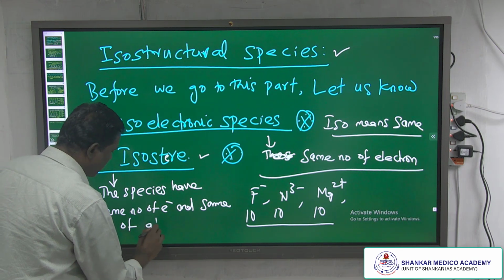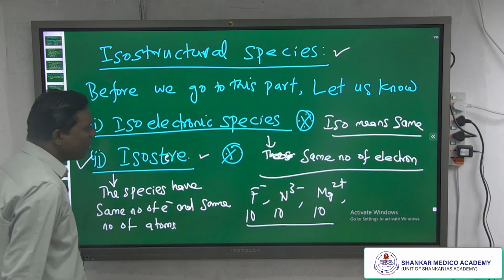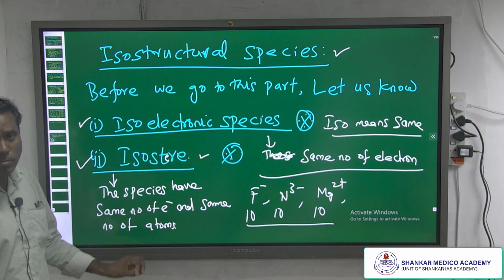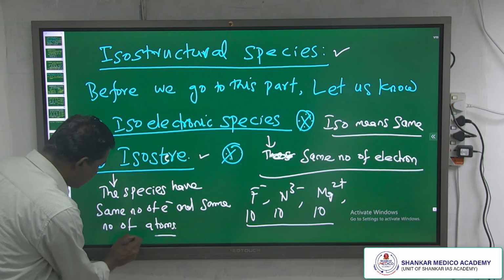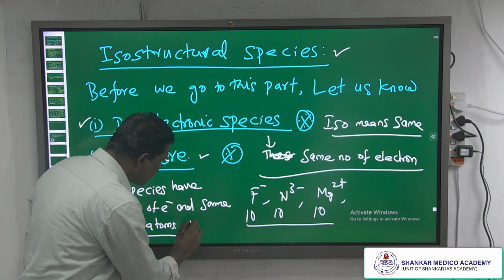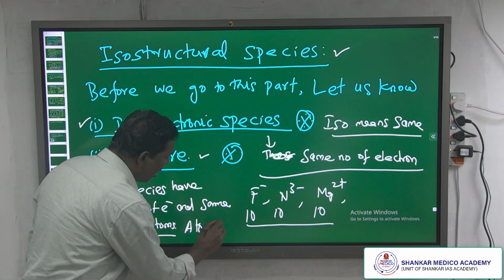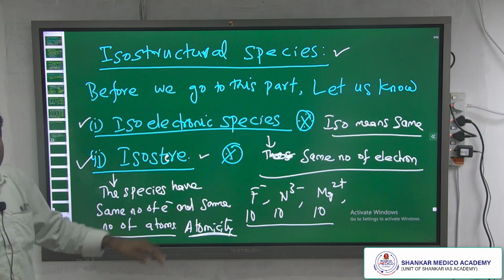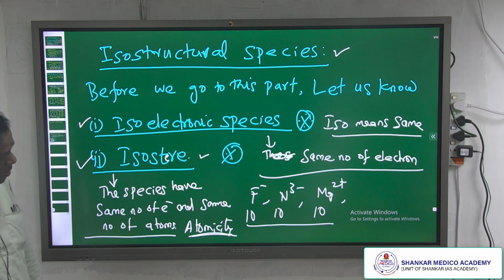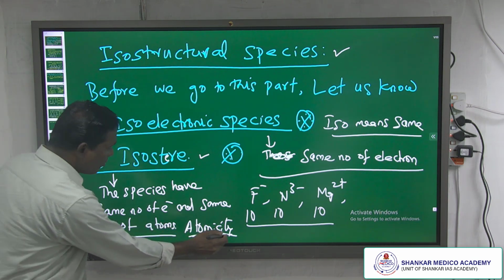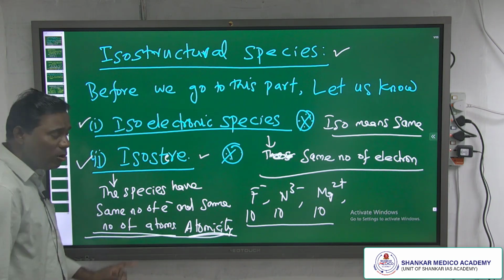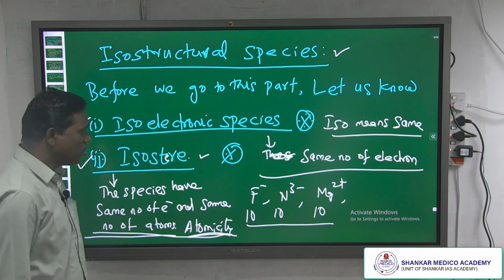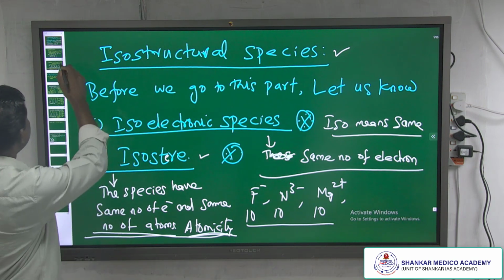So whatever isoelectronic species you have must contain the same number of atoms. That is, atomicity should be the same for the particular set. Atomicity is the number of atoms present in the molecule or ion. So if both meet this criteria, the same number of electrons and atomicity, then they are isosteres. So let us go for some examples.